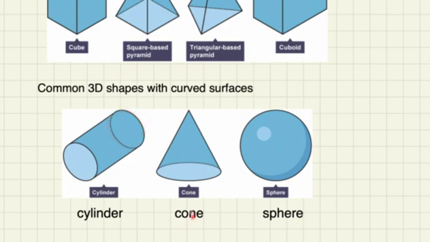This is a cone. So this is the base over here, and you have a curved surface. Again, it's difficult to show in 2D what it looks like, but it's just like an ice cream cone upside down. And the sphere obviously you've come across. It's like the Earth, unless you're a flat Earth sort of person, a sphere, a ball, and things like that.